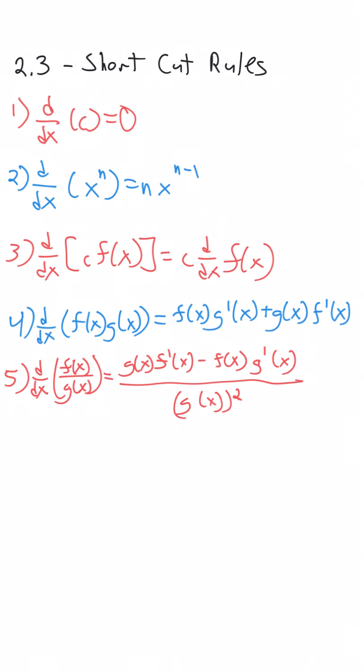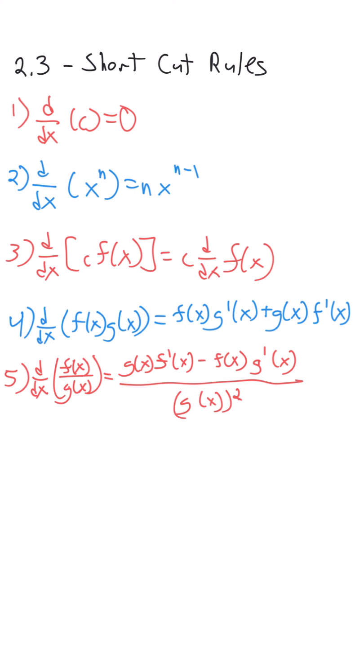You get this thing called the quotient rule. d/dx of f of x over g of x equals g of x, f prime of x minus f of x, g prime of x, over g of x squared. The way we say it is low d high minus high d low over low low. The bottom times the derivative of the top minus the top times the derivative of the bottom over the bottom squared. Low d high minus high d low over low low.